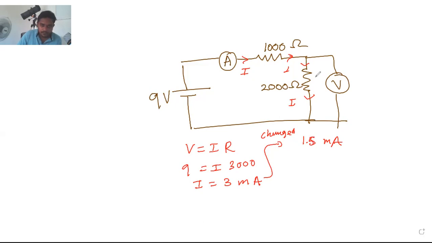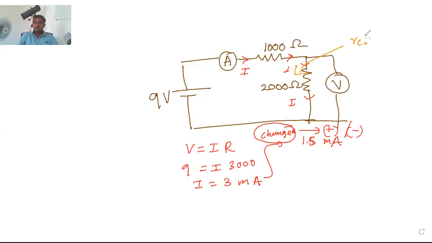So if we connected this, there are two possible changes. They didn't say whether it is a plus change or a minus change, but we have to get an idea about that. If we have a resistor parallel to this one, the resistance is reduced.